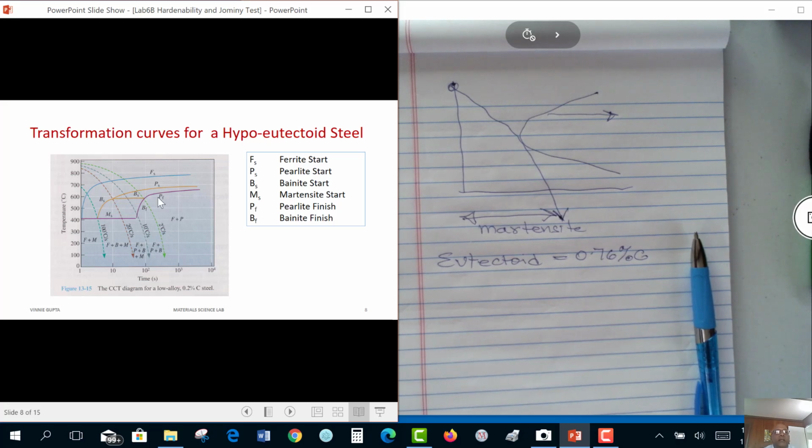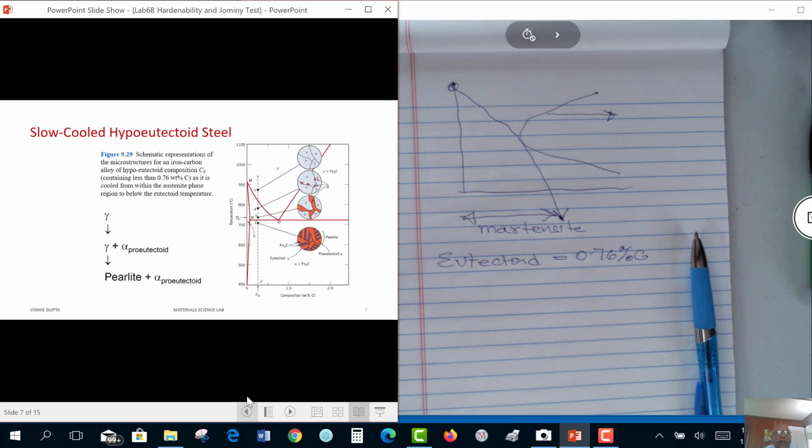So let's see what happens when we continuously cool this steel. When we continuously cool this, we will have a ferrite start curve, because remember, as we cool through, we will have ferrite forming.